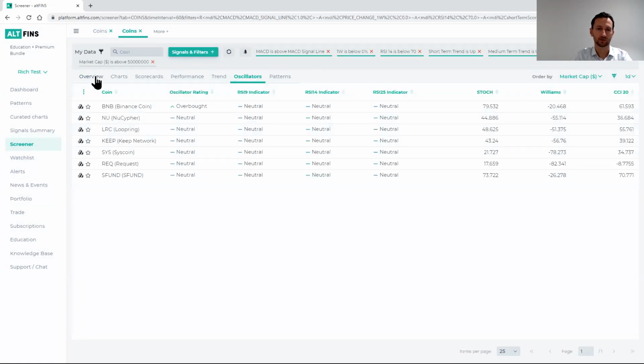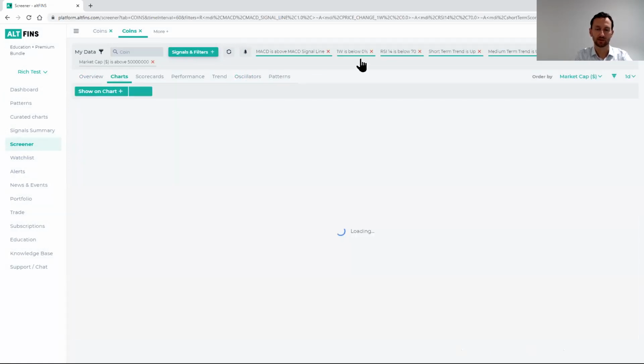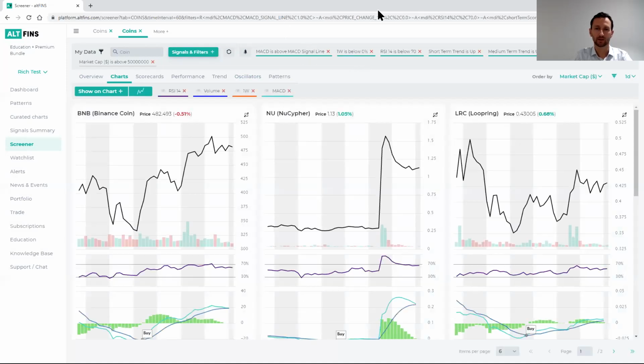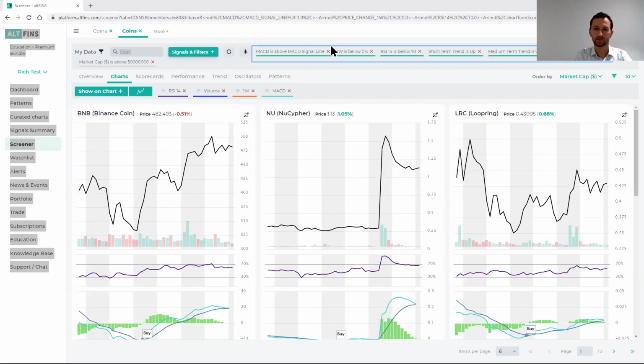Now, oops, I meant to click on the charts, but now take a look at the criteria of this filter right here, okay? So this is the predefined criteria of this filter.